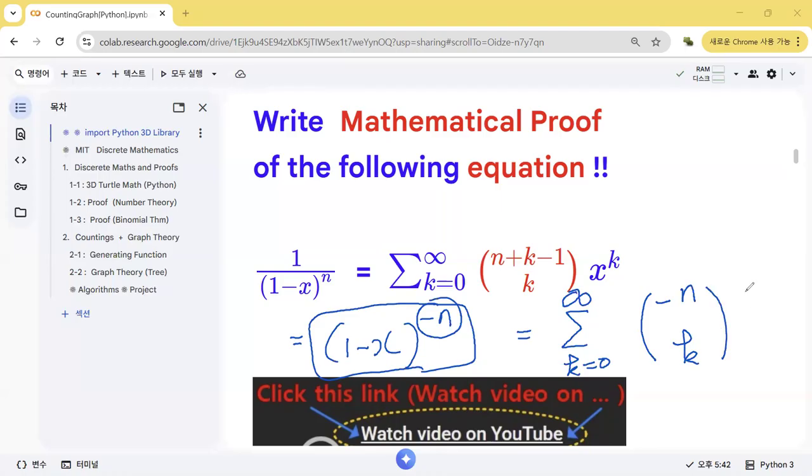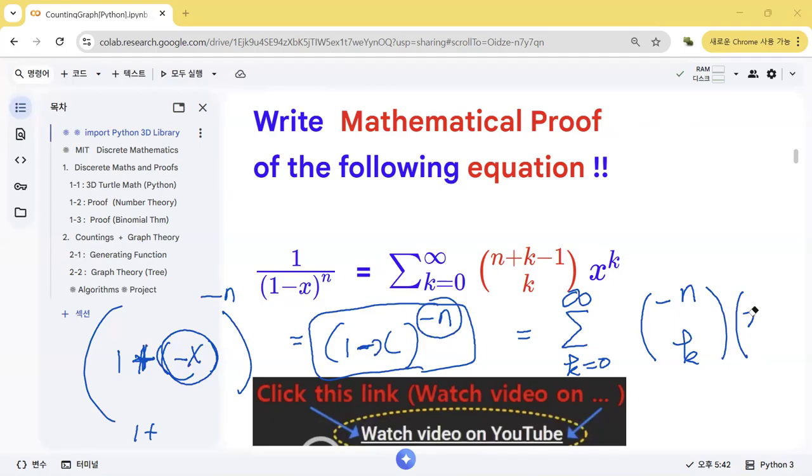x^k. So in fact, this one is (1+(-x))^(-n), okay? So in fact, our formula assumes a plus sign, but this one is now minus. Then you must use this one. It's important. (-x)^k, the k-th power.